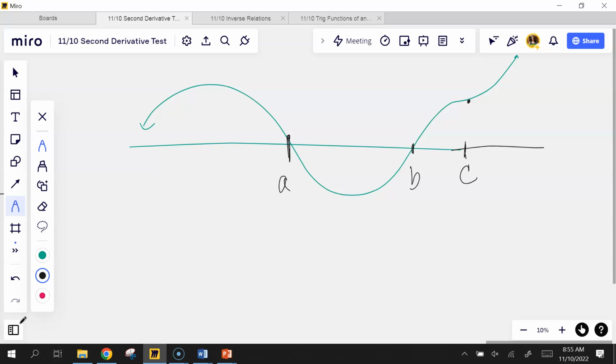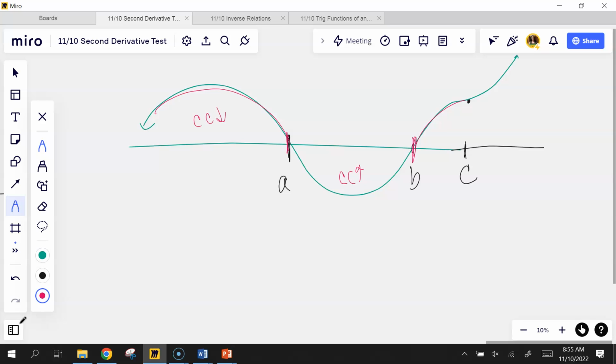Looking at this, it looks like I'm concave down here. Would you agree? Concave up, that one's pretty easy. Here, notice, I kind of labeled where my points of inflection are. I kind of estimated where it looks like they would be changing.